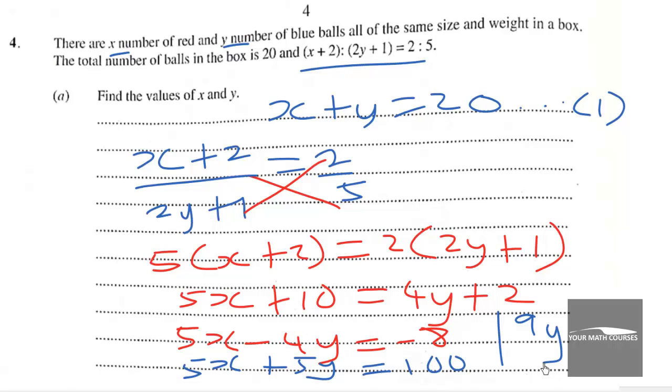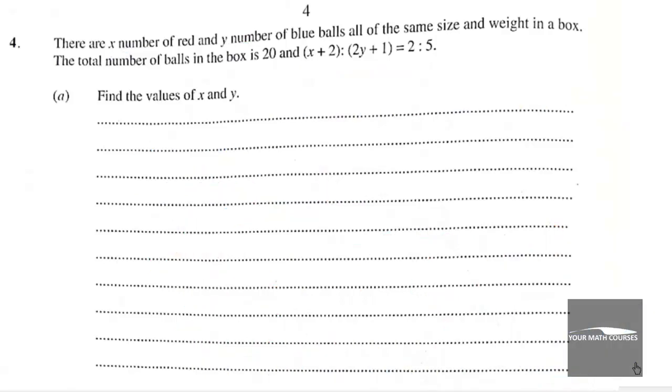Then 100 minus negative 8 will be 108. So dividing through by 9, we get y equal to 108 by 9, which is 12. Then x will be equal to 20 minus 12, and that will be equal to 8.